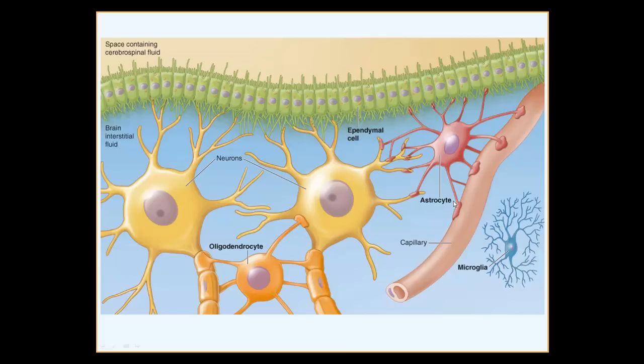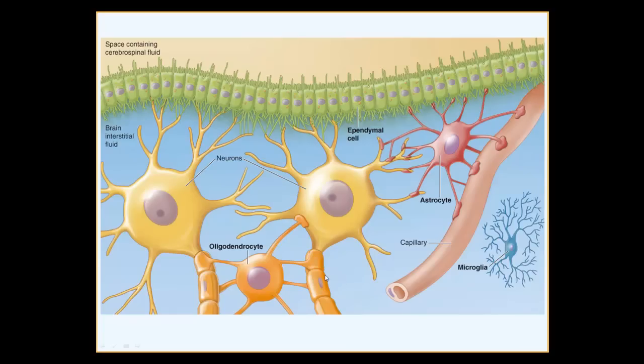And then we have microglia. This is the one that is a phagocytic cell, so it wanders around trying to find something to eat. And we have the oligodendrocyte. If you remember, we did talk about it a little bit when we were talking about the neurons, and we described the myelin sheath.